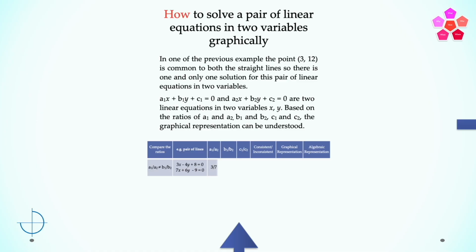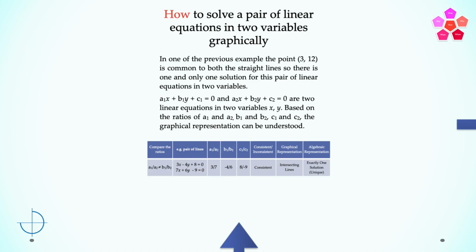The ratio of a1 by a2 here is 3 by 7, and the ratio of b1 by b2 is minus 4 by 6. So we see that a1 by a2 is not equal to b1 by b2. So this pair of linear equations is consistent. The graphical representation would be intersecting lines and the algebraic representation would be exactly one solution, which is unique.